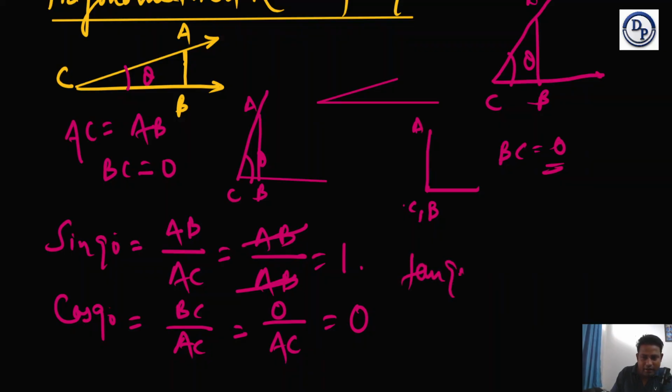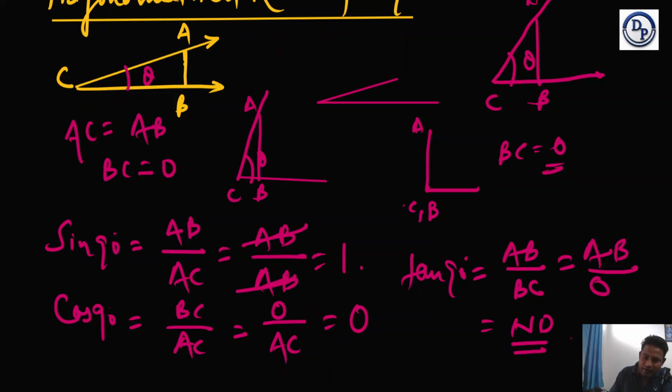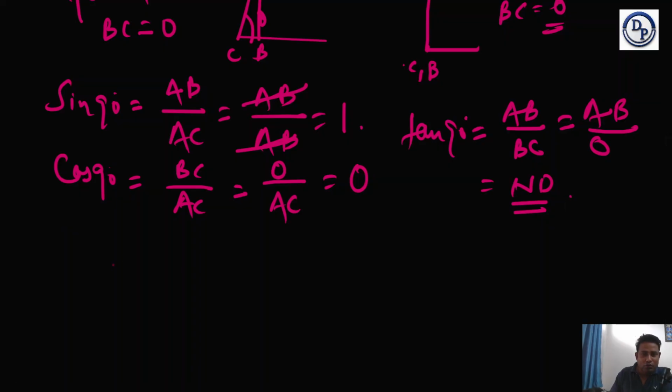What about tan 90? It's P by B, that is AB by BC. Again, in this case, AB is AB, there is no problem, but BC becomes 0. So tan 90 becomes not defined. Okay, tan 90 is not defined. So sin, cos, what about cosec?